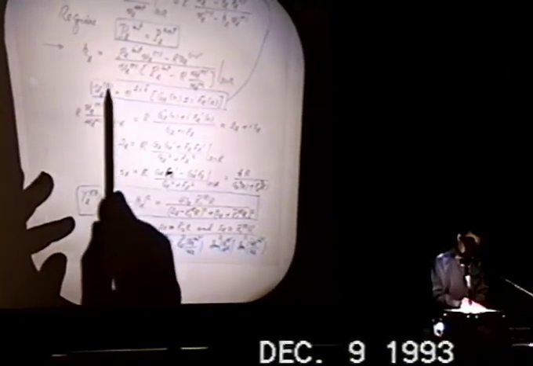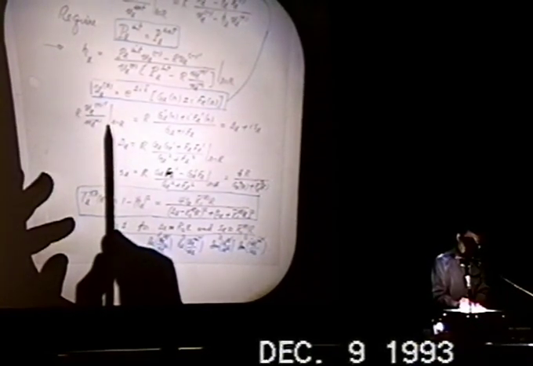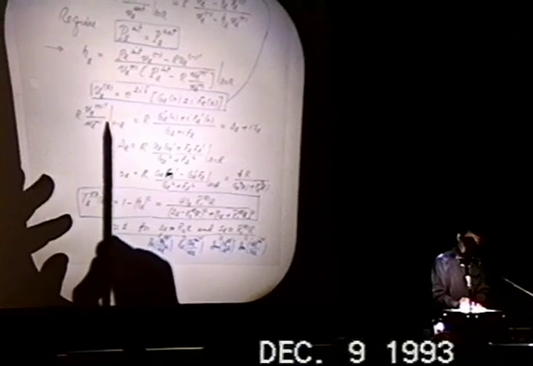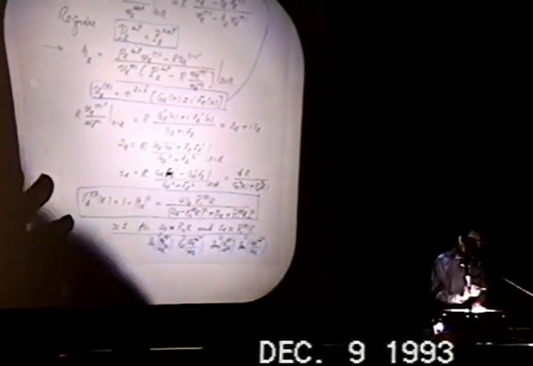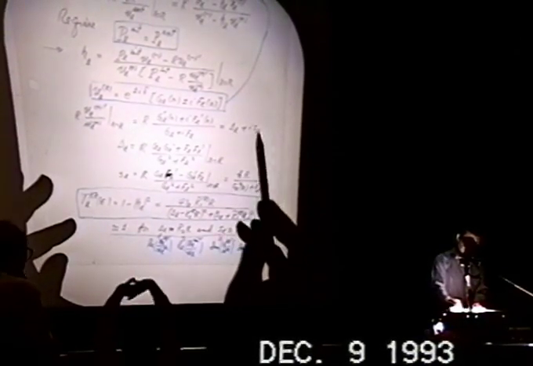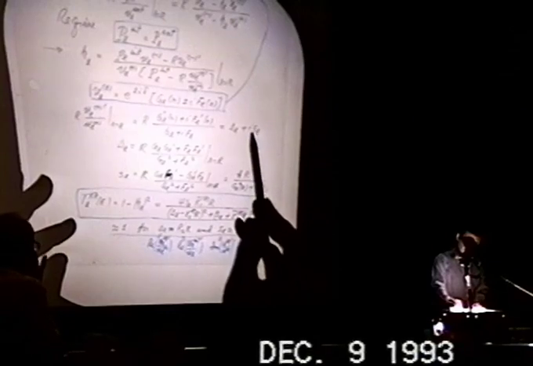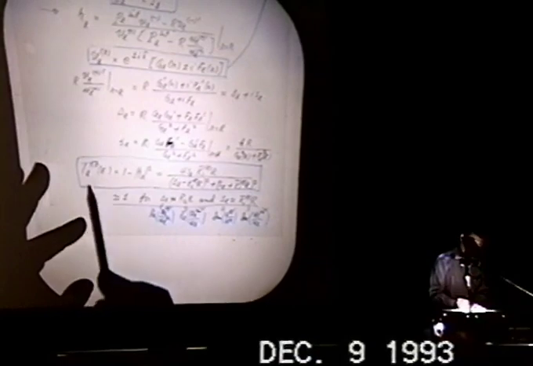And once I know that, I can take the logarithmic derivative of the outgoing solution at the nuclear surface, and again, that has a real part and an imaginary part, which we call S. Okay? So that's the result.